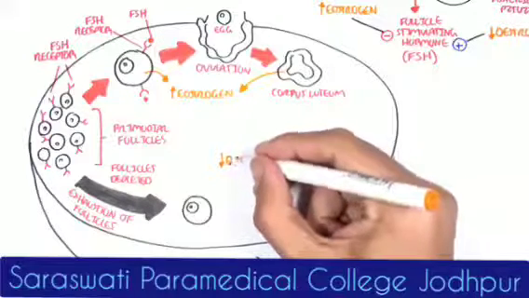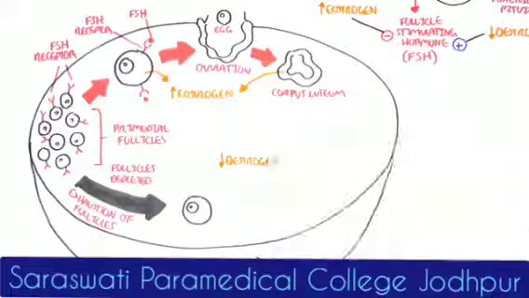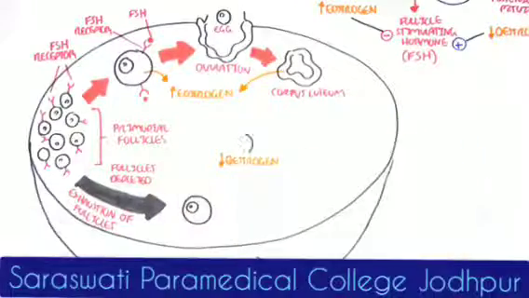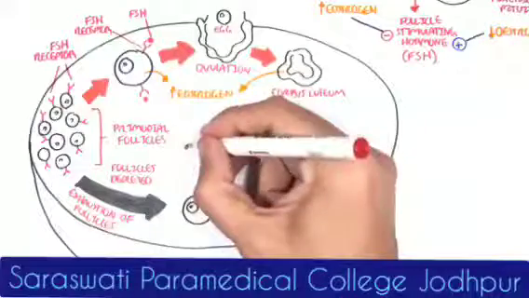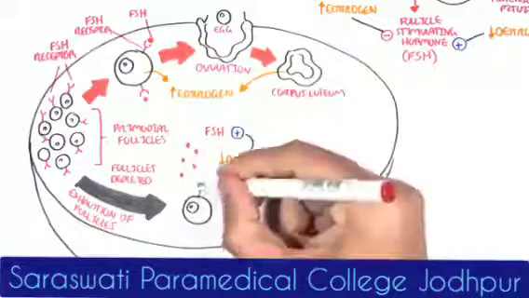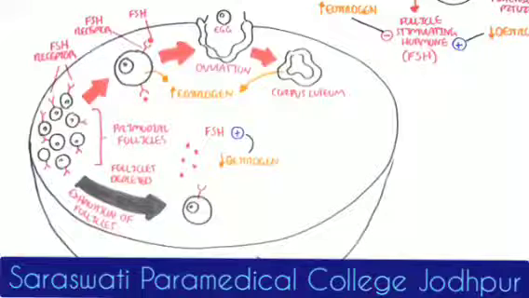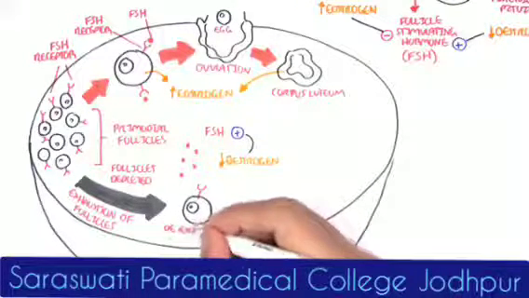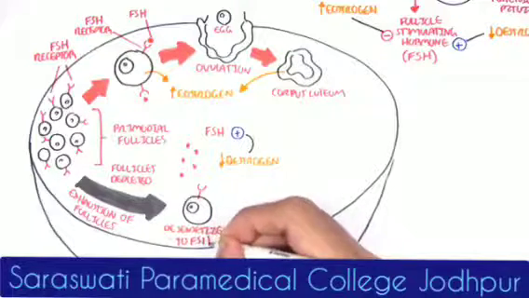So when you have less and less estrogen being produced, this will actually stimulate the release of more FSH. And because it will stimulate the release of more FSH, this will desensitize the follicle to FSH.